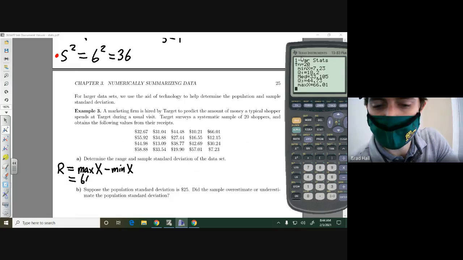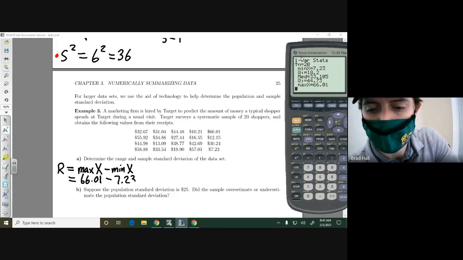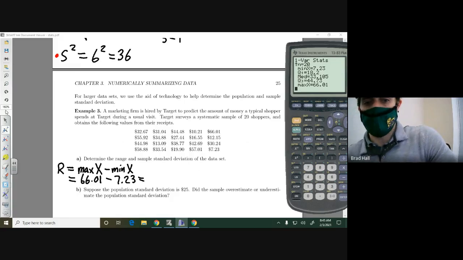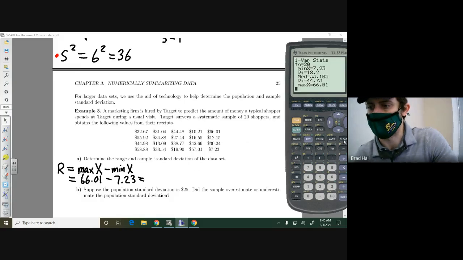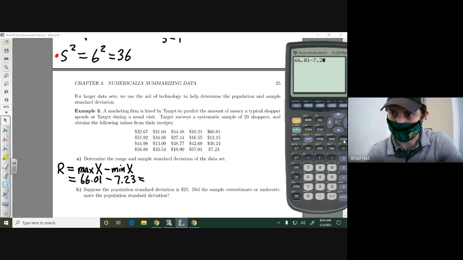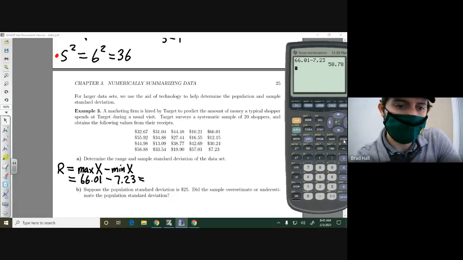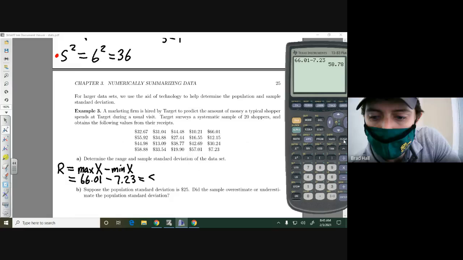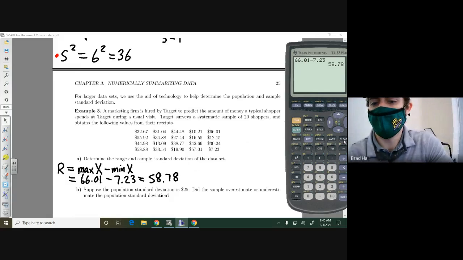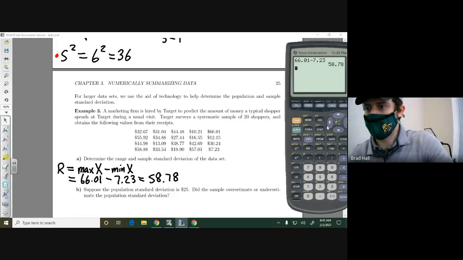The max value is 66.01. Minimum value is 7.23. So we can figure that out pretty quickly. 66.01 minus 7.23, and we get 58.78.